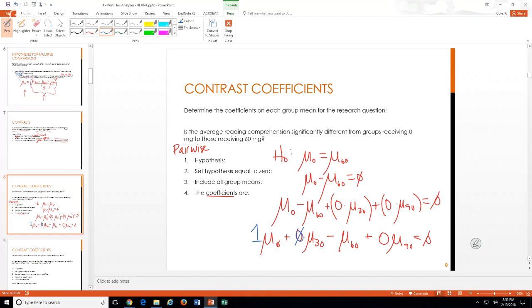What is the coefficient on mu 60? -1. Very good. And what about on mu 90? 0. So it is 1, 0, -1, 0. Do those add up to 0? Yes, so it's valid. And the coefficients are 1, 0, -1, 0.